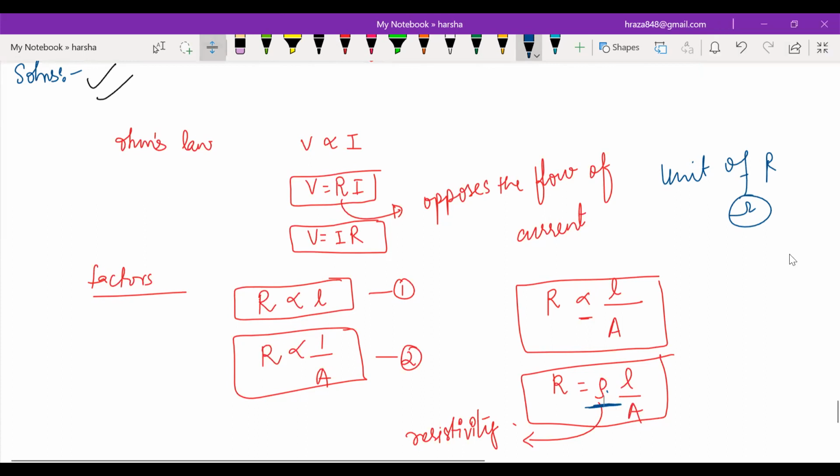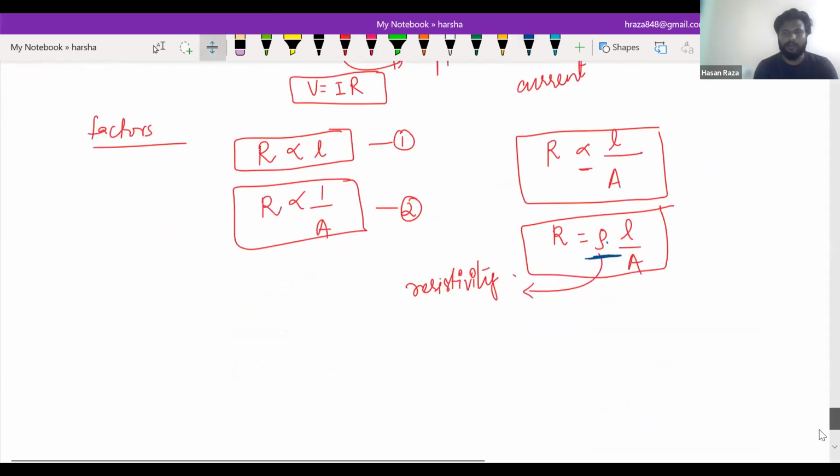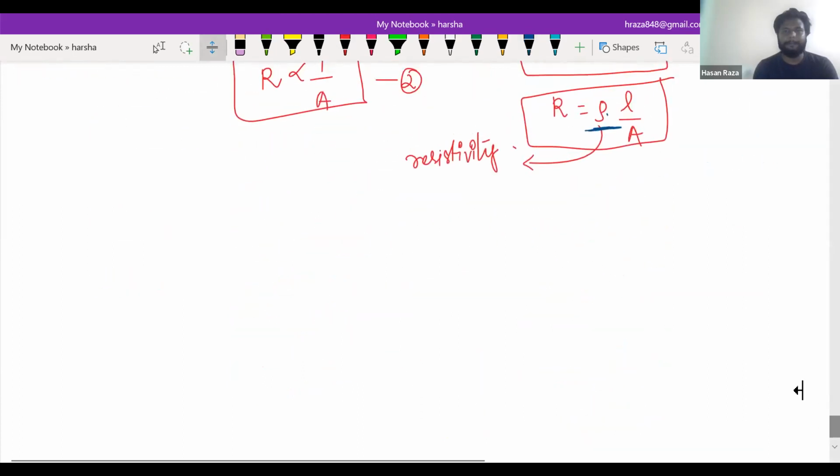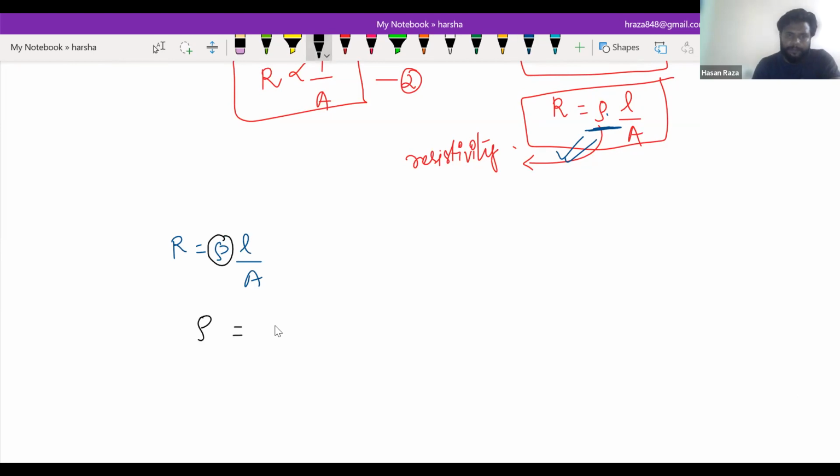Whenever questions on unit are asked, you just need to know the formula of the following, like R is equal to rho L by A. Now, what we will do is find a formula in terms of this. So for rho, it will be A by L into R. Can I write this?